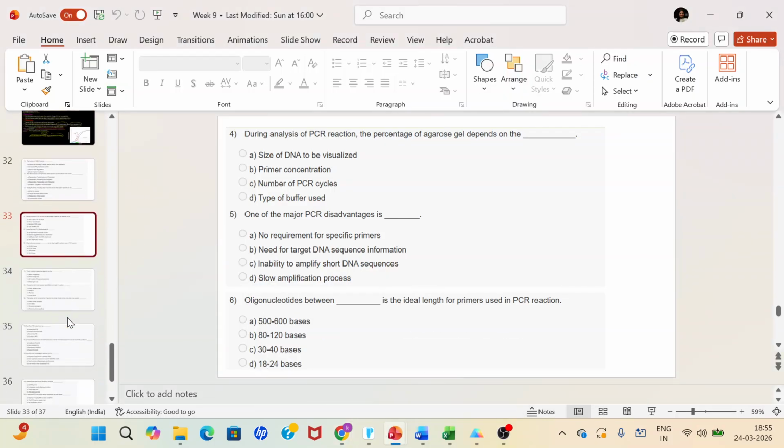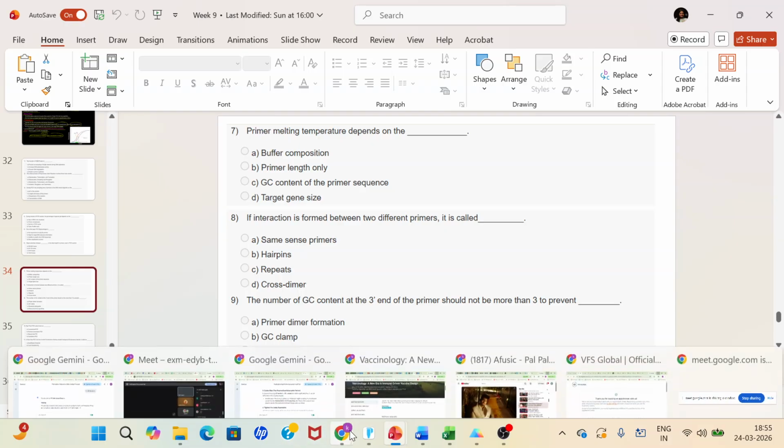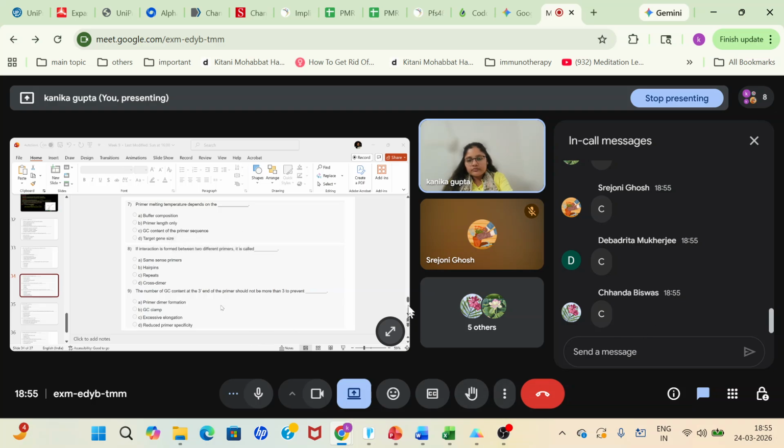Next question is, primer melting temperature depends upon what? Question number 7 everyone. Yes, it is the GC content of the primer sequence.